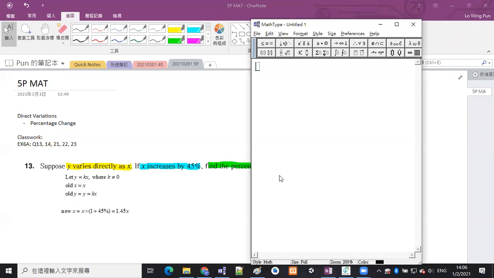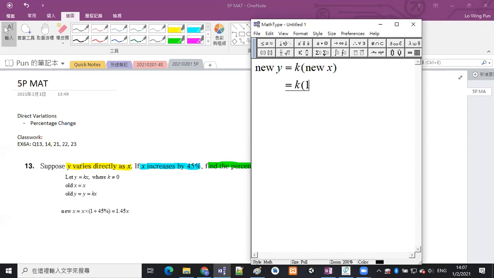And then the new y. New y will be equal to k times the new x. That is just using the formula that we have set. But what is the new x?